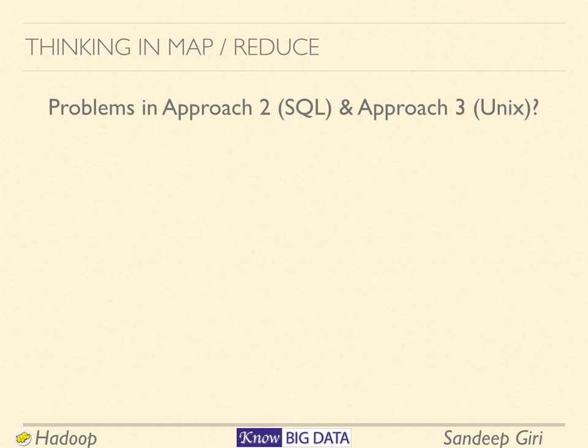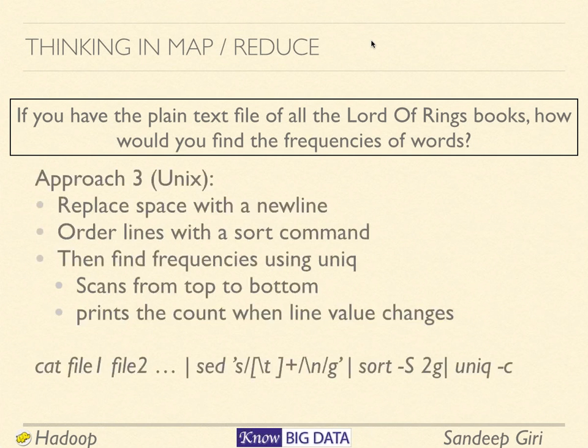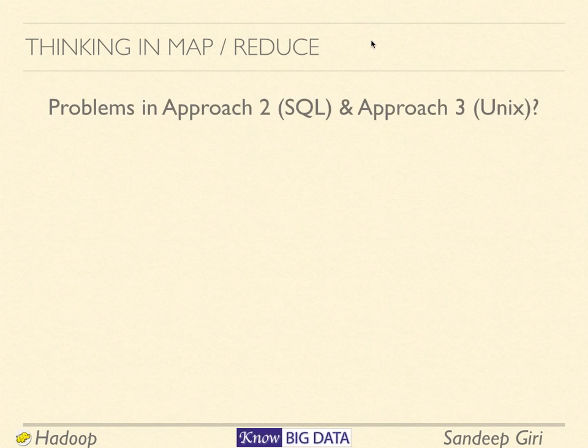And approach 3 was using Unix where we used a sort command. All right. Can somebody just quickly answer me? So approach 2 was SQL, and approach 3 was Unix.